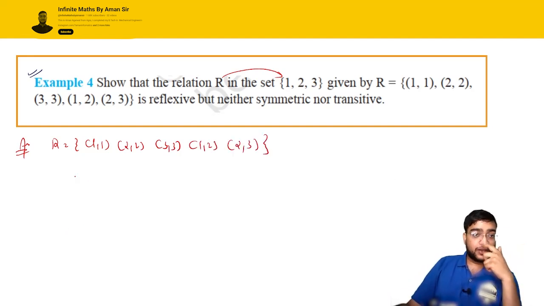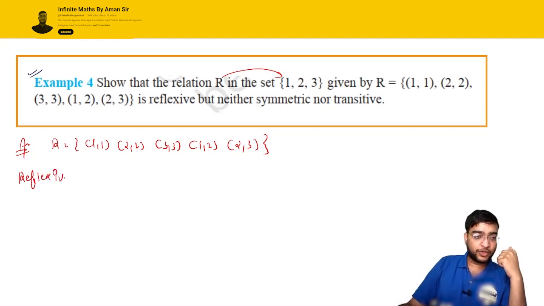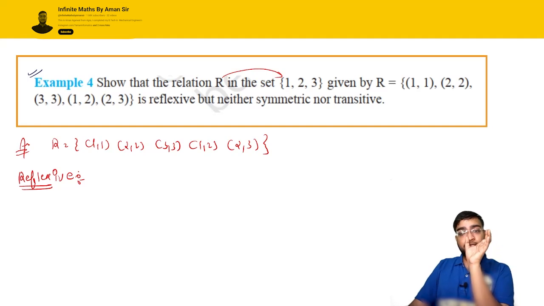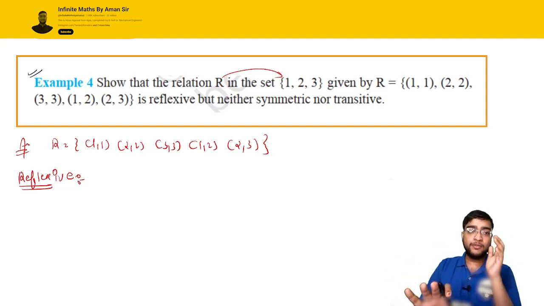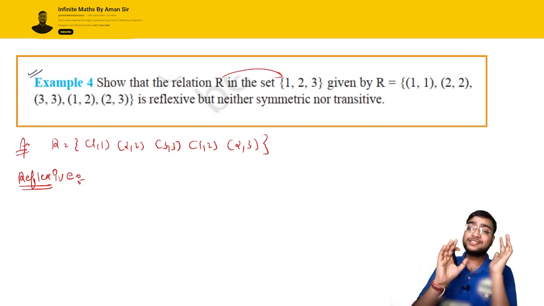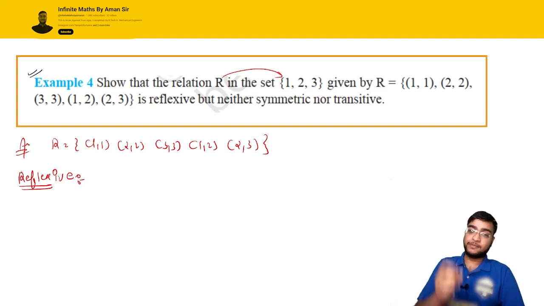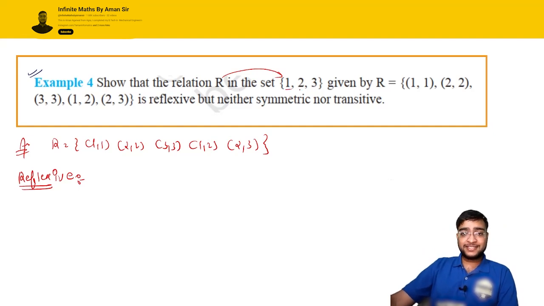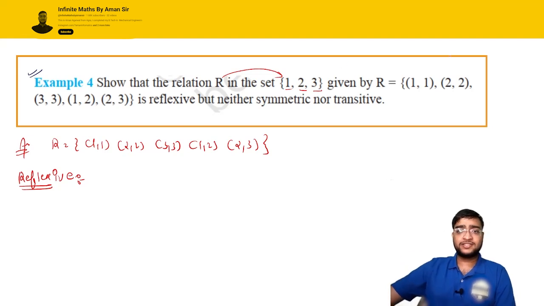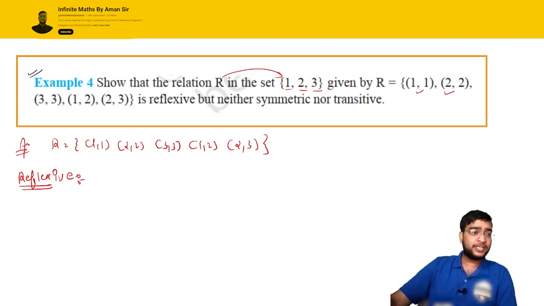Let's see, can I say it is reflexive? If the relation is given to you in roster form, you just try to find a false condition. If there are no false conditions, then it must be a reflexive relation. For this set, there must be 3 identity pairs: 1,1, 2,2, 3,3. Are all 3 there? Yes sir, 1,1 is there, 2,2 is there, and 3,3 is there.